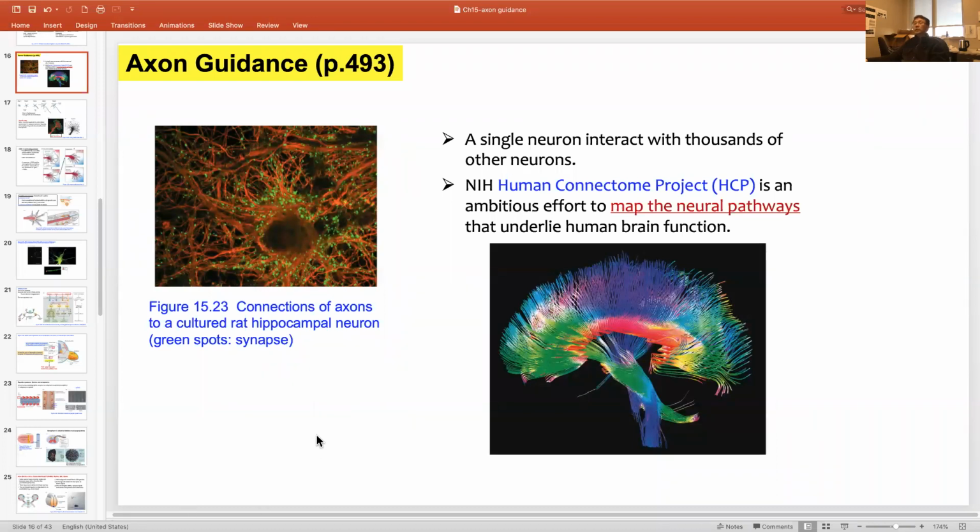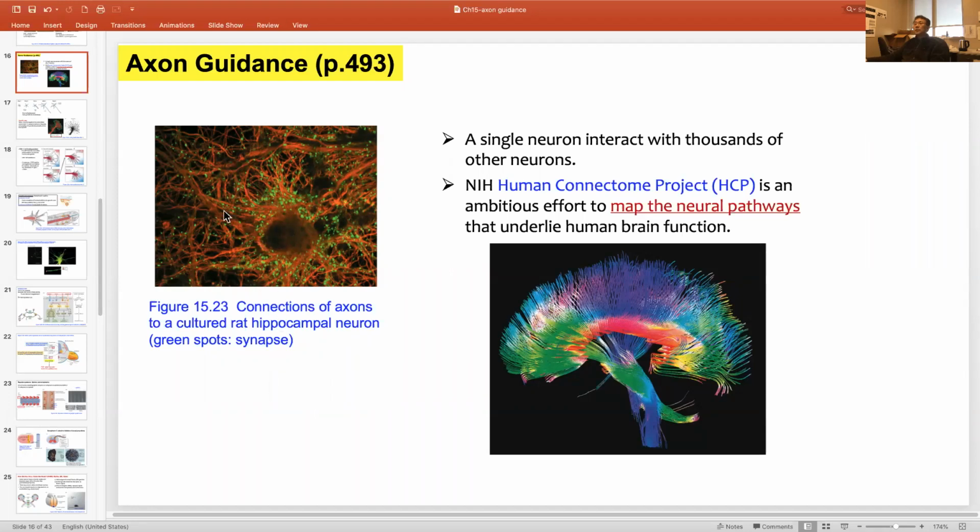In a previous lecture, we talked about the neural crest cells and their development, particularly for the peripheral nervous system. In this part of the lecture, we're talking about how neurons make connections with other neurons. Axon guidance is one critical event for the formation of a functional nervous system.